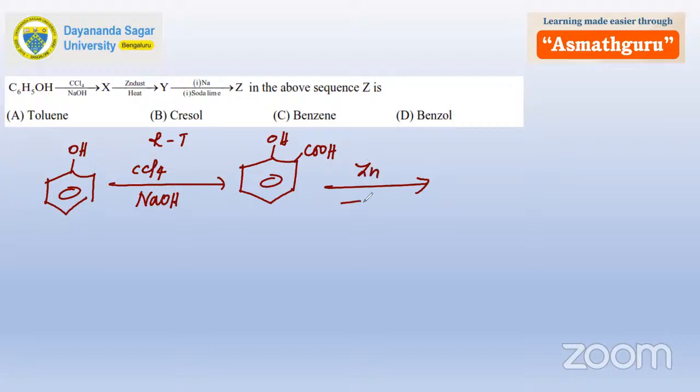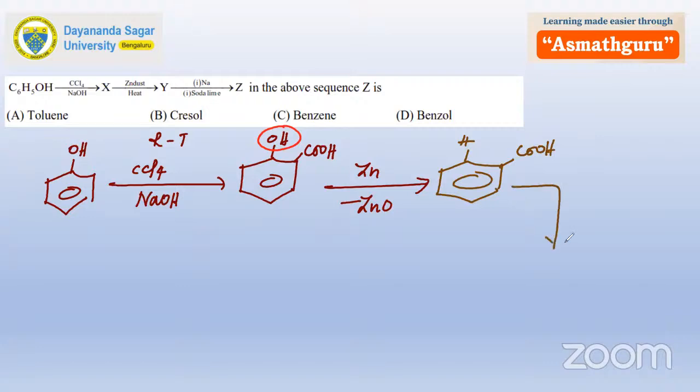Zinc loves oxygen. It removes oxygen in the form of zinc oxide from where? From the OH. So what is remaining? When the O is removed, only H is there. Then you are treating with soda lime. What is soda lime?